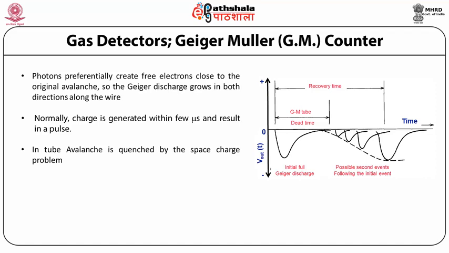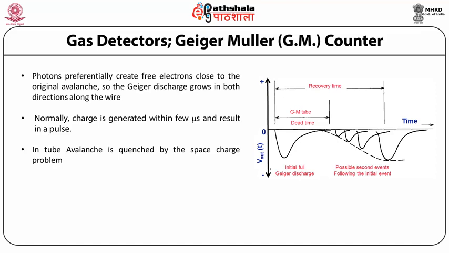Now, it is very important that when an avalanche is created, there are primary electrons creating secondary electrons, and in addition the excited ions de-excite by emitting photons. These photons again interact with the neutral gas molecules and create electrons.